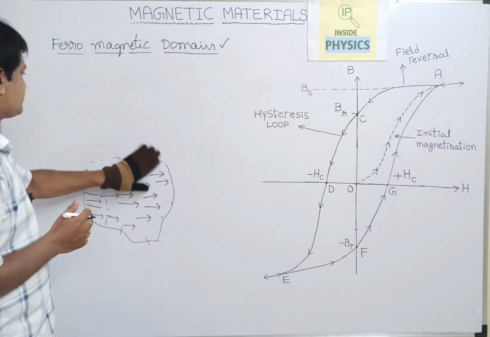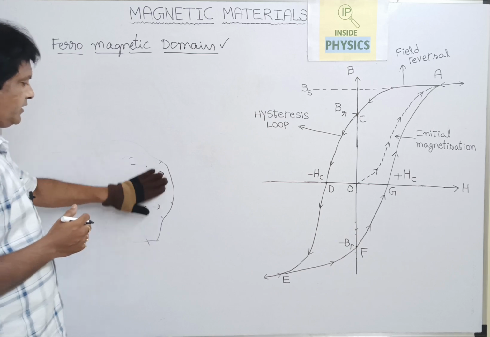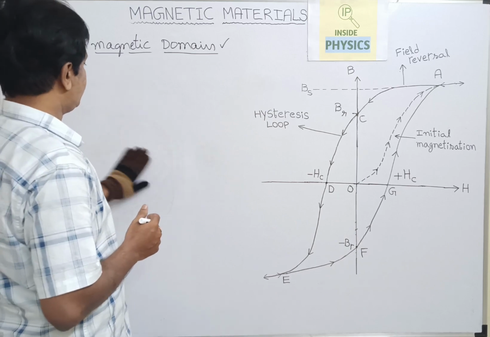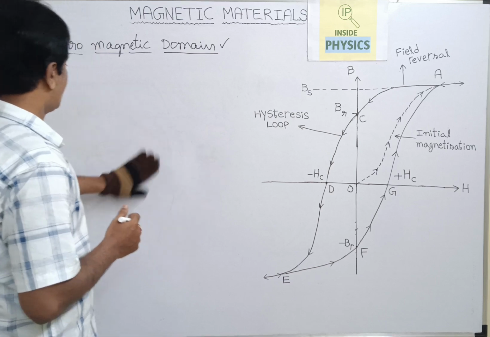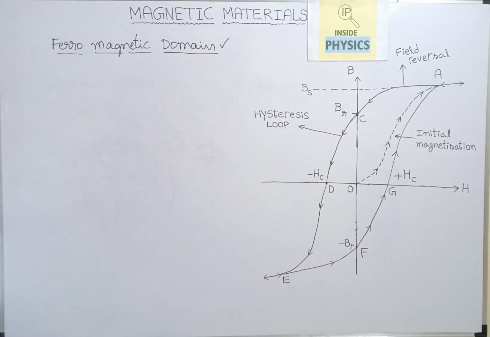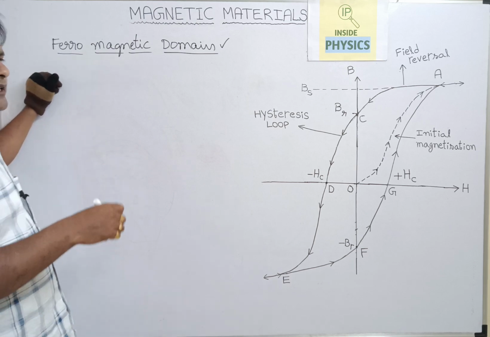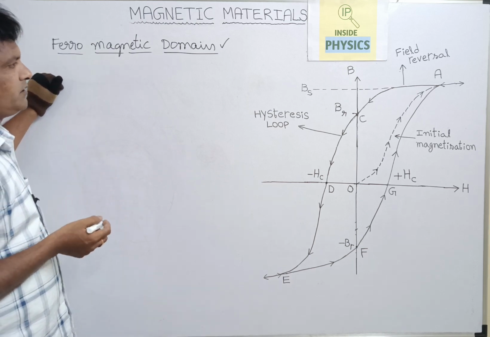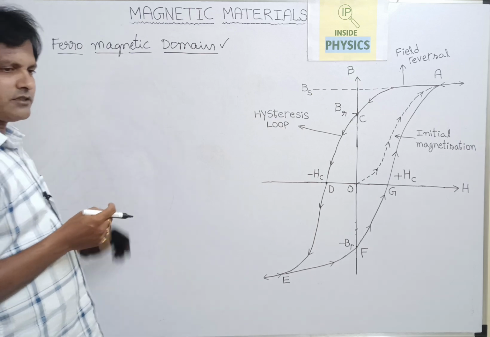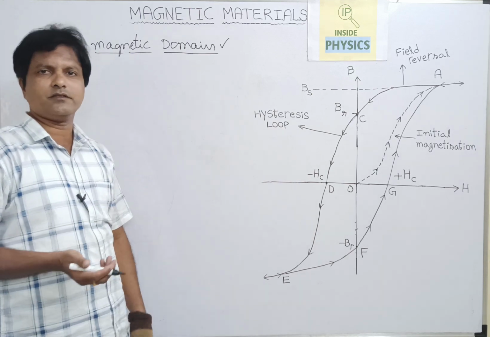And the next hindrance is that the net magnetization is also affected because of the non-magnetic inclusions present inside the material. Non-magnetic inclusions means sometimes other materials may be present as impurities.